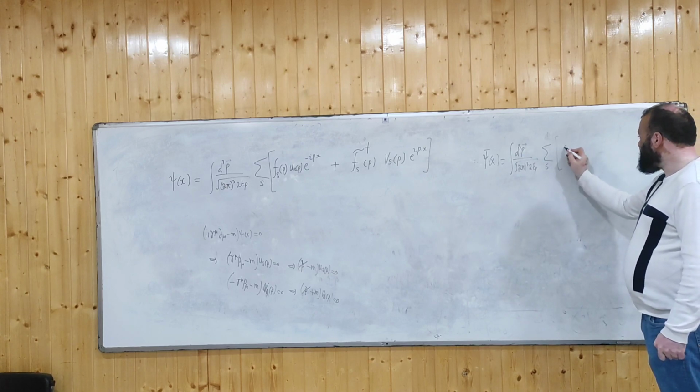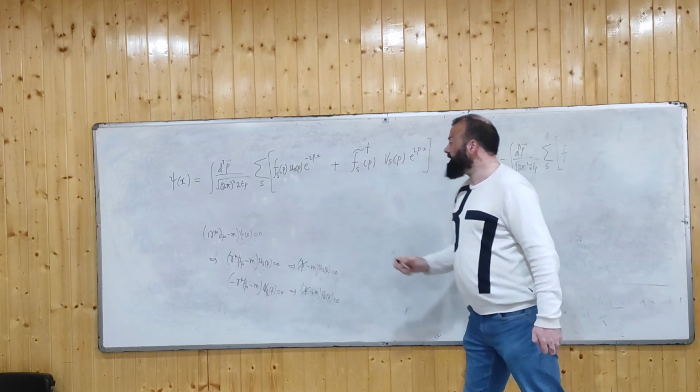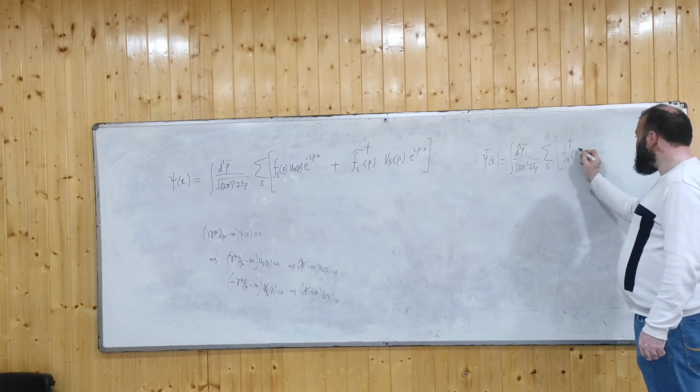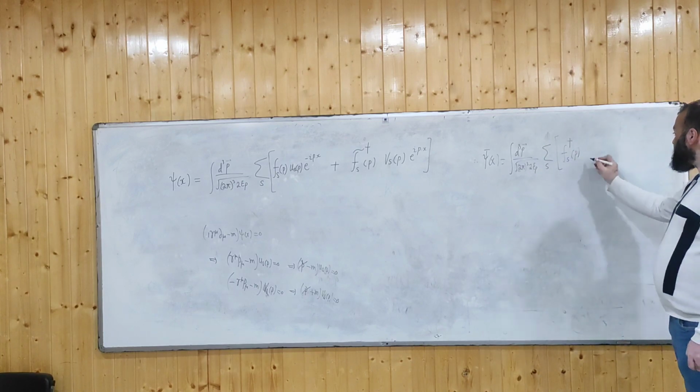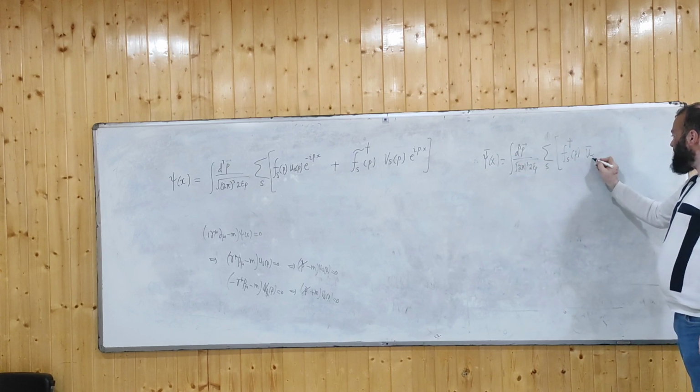So I will now write f dagger s of p, the creation operator of the particle. Then since you have the bar here, psi bar, you will put a bar here, u_s bar.